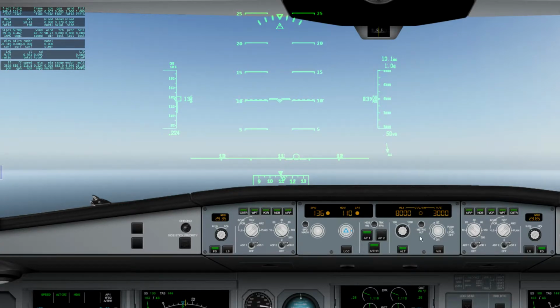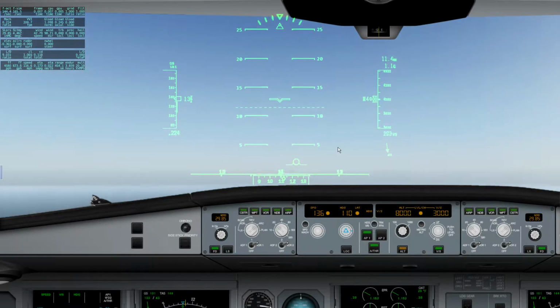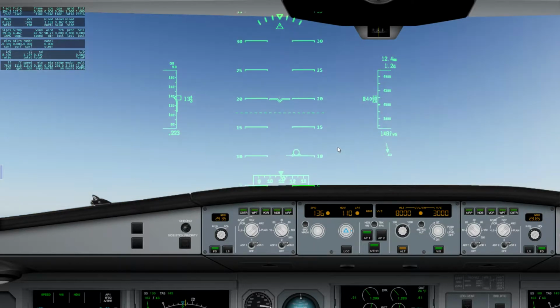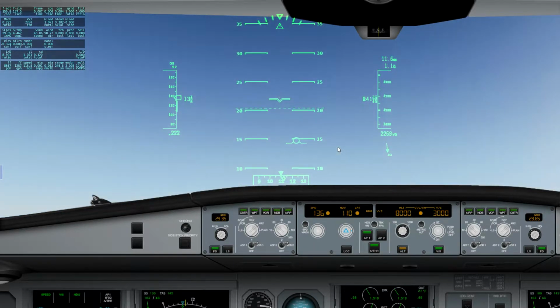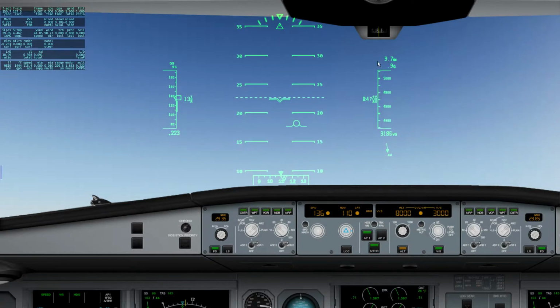So now if we bring the plane into this climb, we wait for it to stabilize again. And our angle of attack indicator again comes out to around just under 10 degrees.